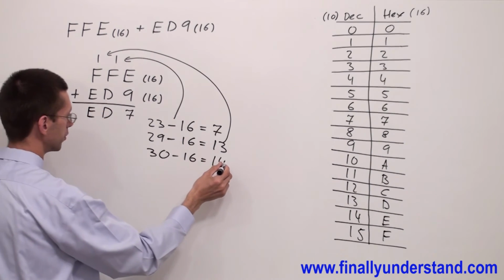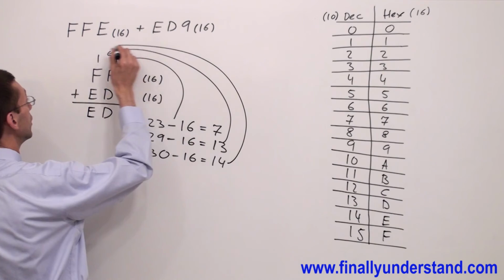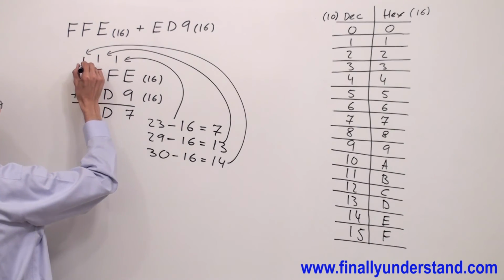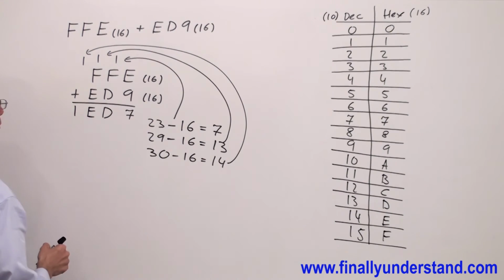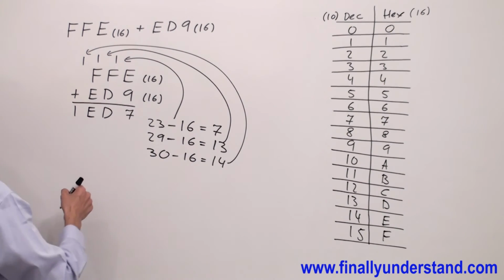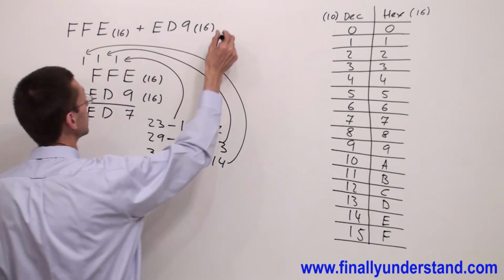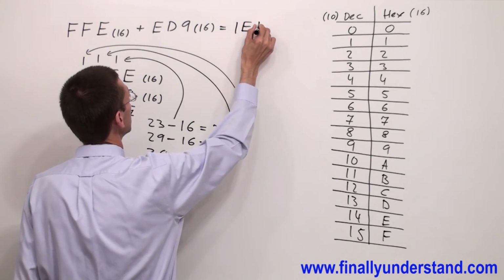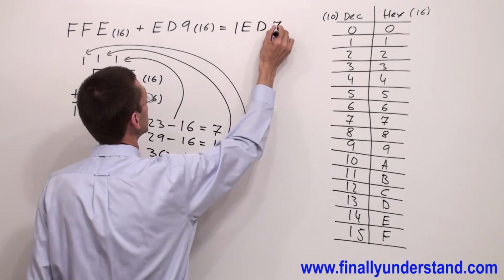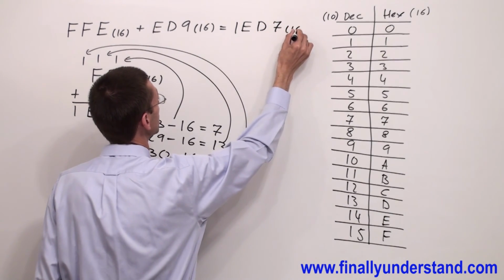And because I performed the subtraction, I'm supposed to carry a 1 to the next column. That's why I have 1 over here. My answer for this addition is 1 E D 7 base 16.